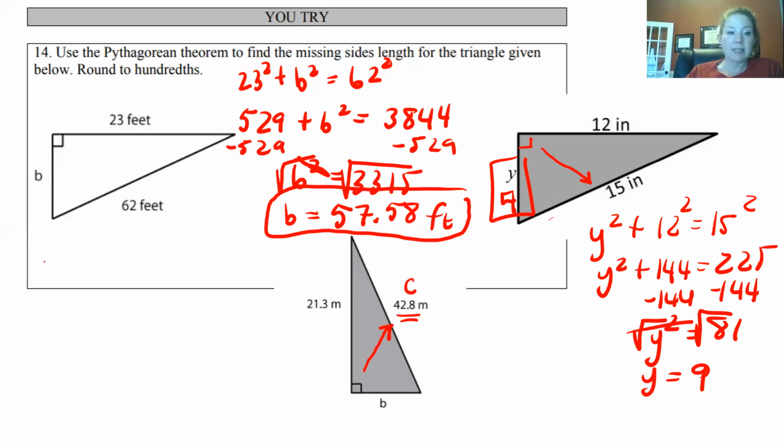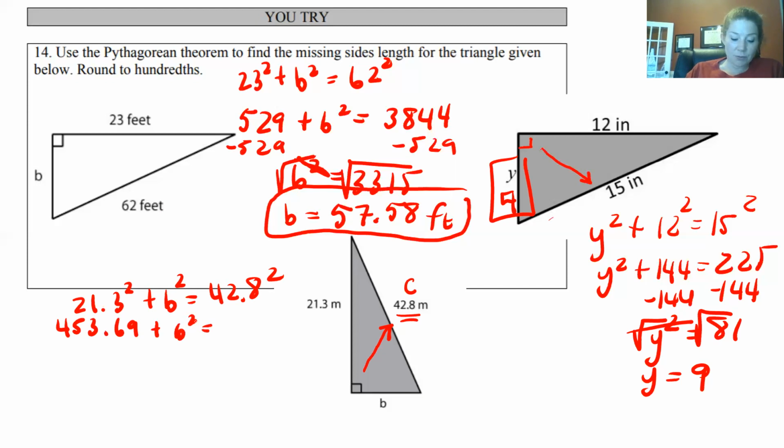All right, this is our hypotenuse. This is letter C. So we're going to do 21.3 squared plus b squared is equal to 42.8 squared. So 21.3 squared is 453.69. And 42.8 squared is 1831.84.